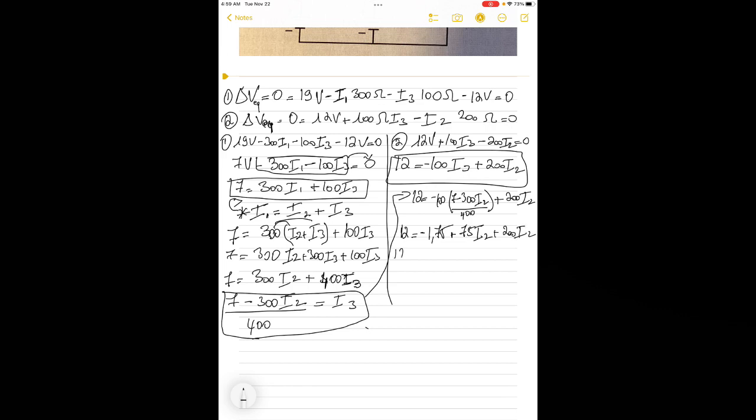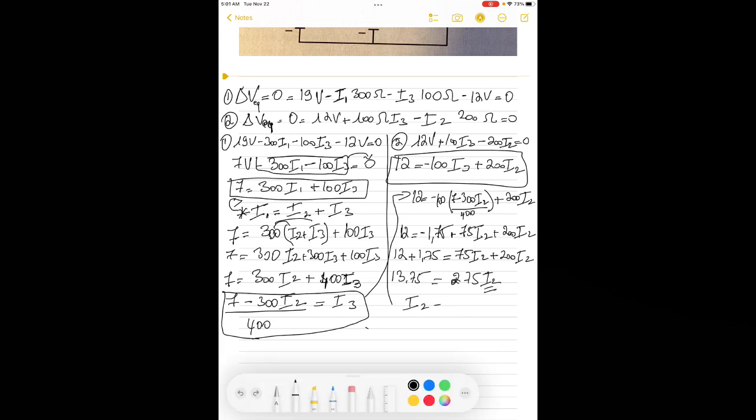So 12 plus 1.75 equals 75 E2 plus 200 E2. That gives us 13.75, and 75 plus 200 equals 275 E2, so E2 equals 0.05 amp.